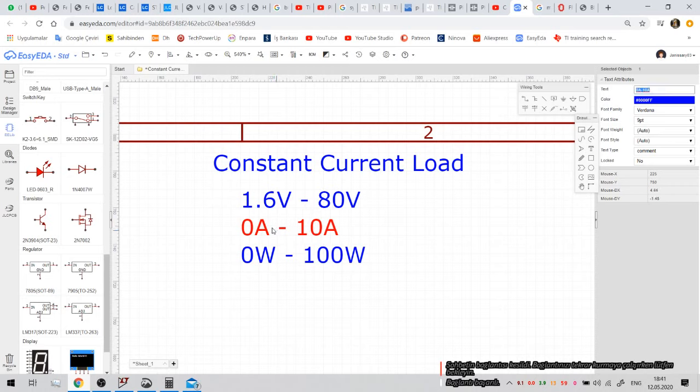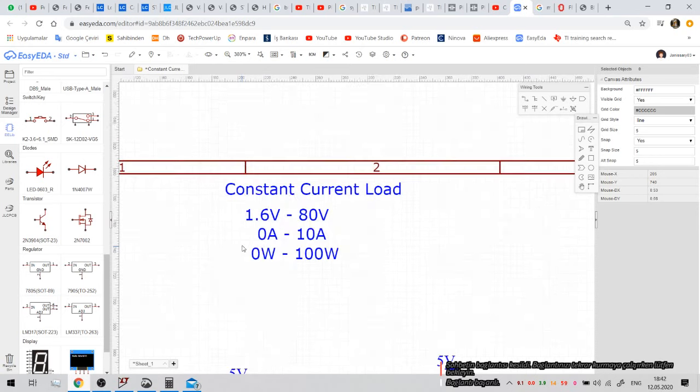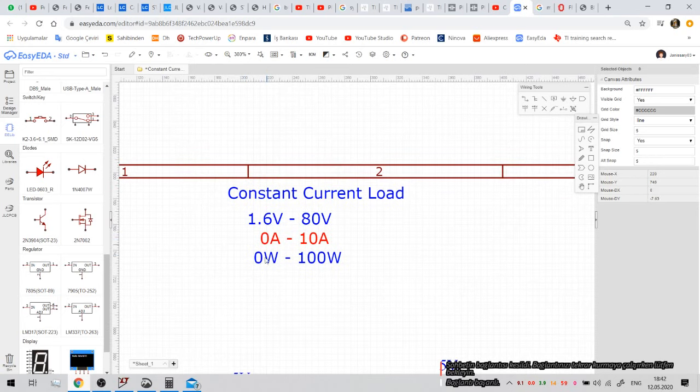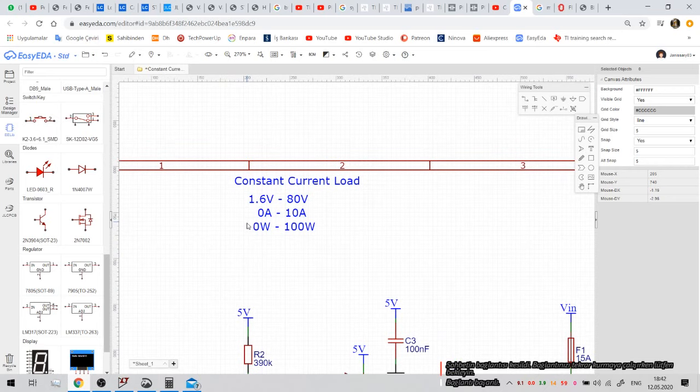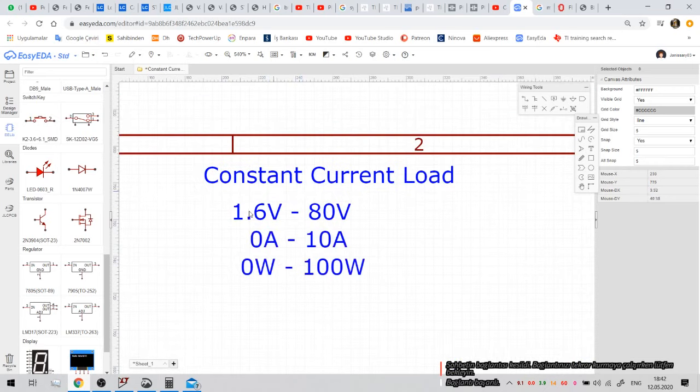It is not working. Okay, not important. Yes, 0.0 amp to 10 amp, 0 watt to 100 watt. But all of them are limiting factors. We cannot exceed 10 amp.